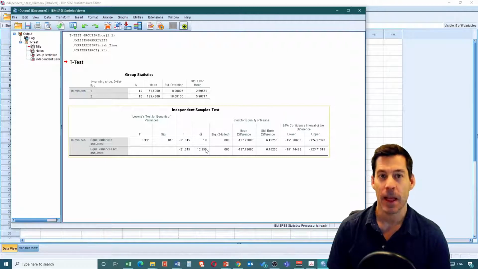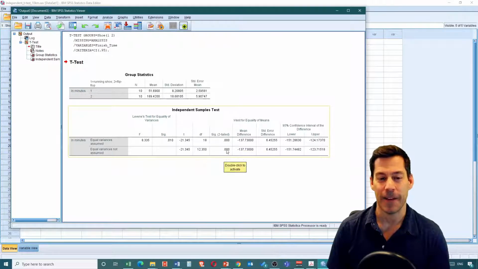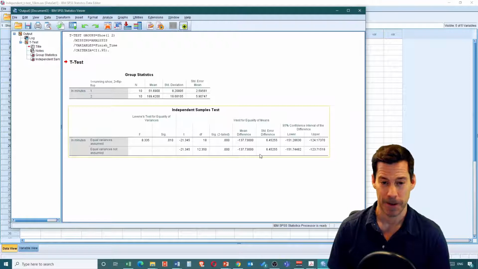It penalizes us, making it more difficult to find a significant difference, which is good. We still see that our significance is less than 0.001. So it is a very small number. And then we see our mean difference is 137 minutes, with a standard error of the difference being only 6.45.